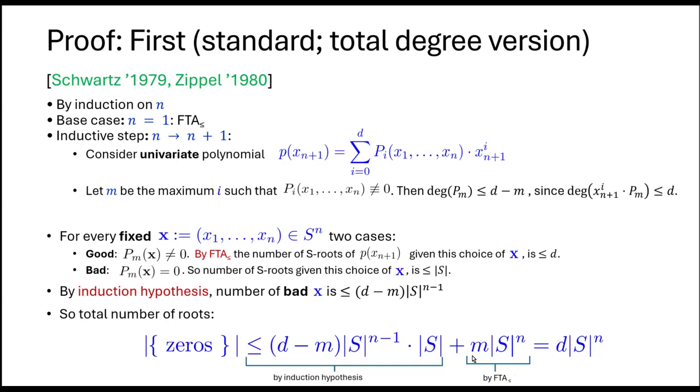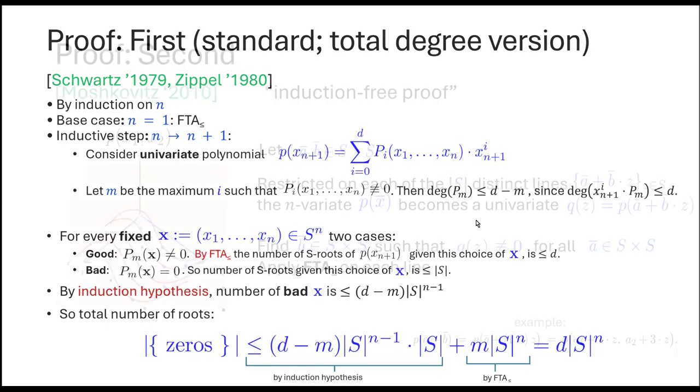Now we just plug this in, so we get that the number of zeros is at most D minus M times the size of S to the power of n, plus M times S to the power of n, and this is equal to D times S to the power of n. So this is the Schwartz-Zippel total degree version, and this is the standard proof by induction.